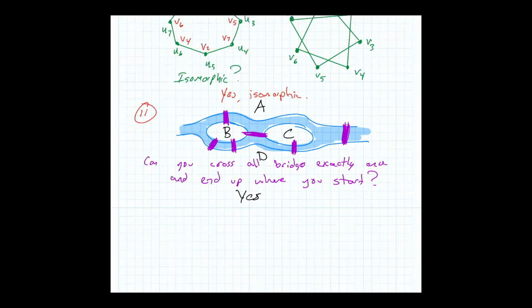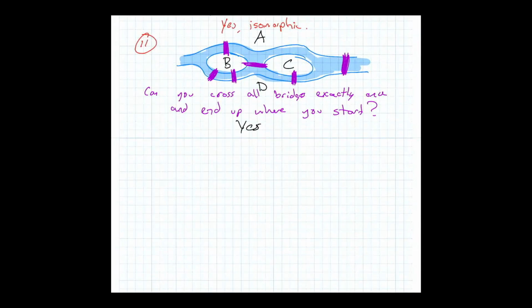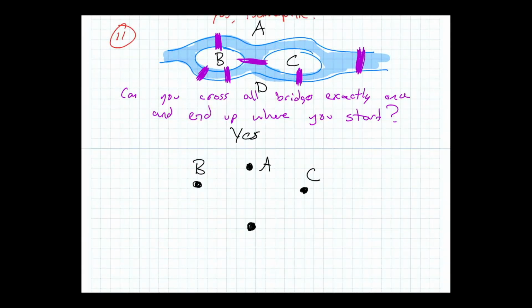There's only four sides. Then if you draw the graph, you go vertex A, vertex B. It helps to draw them in pretty much the location where they appear. And then you draw an edge for every bridge. So this bridge is A to B. That's that.